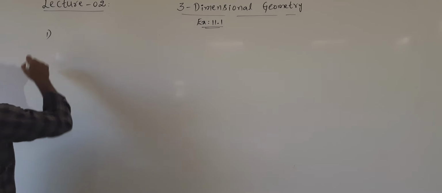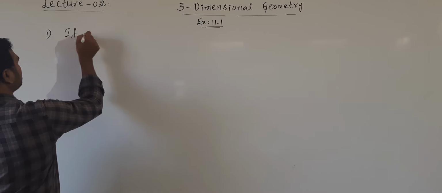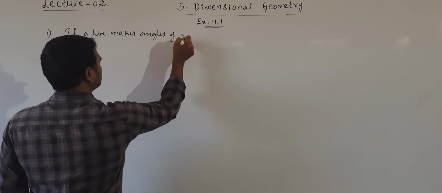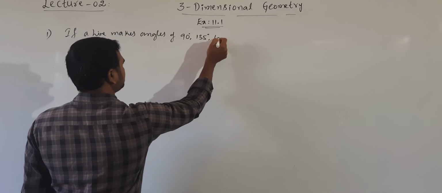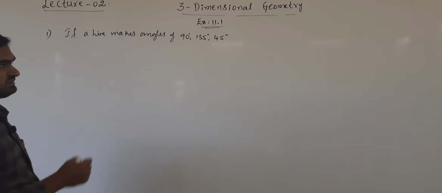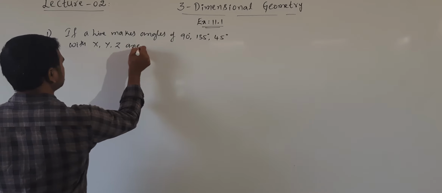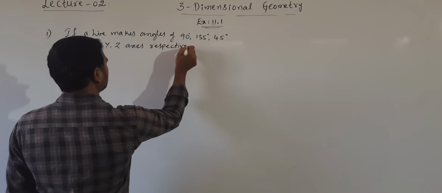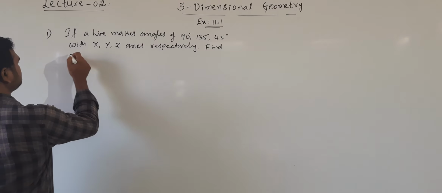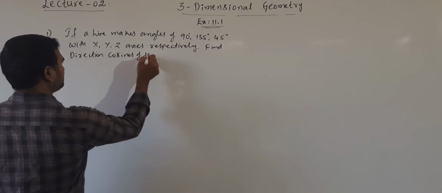Question number 1. If a line makes angles of 90 degrees, 135 degrees and 45 degrees with the x axis, y axis and z axis respectively, find the direction cosines of the line.